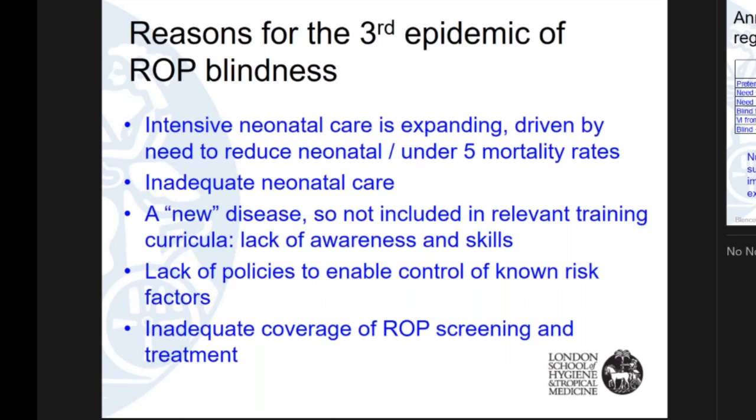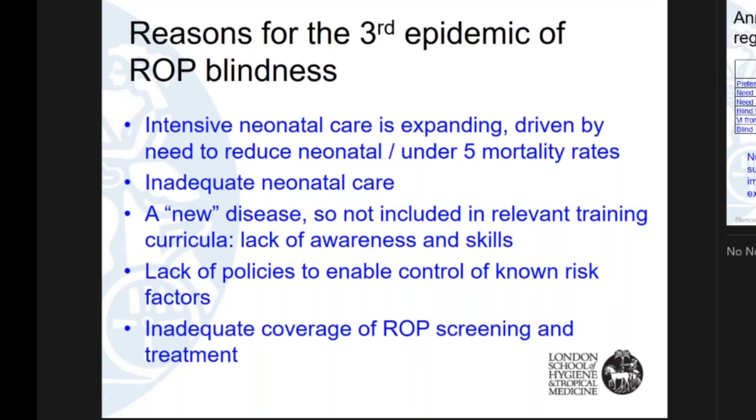But unfortunately, the level of neonatal care is often suboptimal, and this puts a larger number of babies at risk. In addition, it's a new disease, if you like, in these regions, and so it's not been included in relevant training curricula for physicians, for ophthalmologists, and for nurses. And this has led to a lack of awareness and, importantly, in skills.